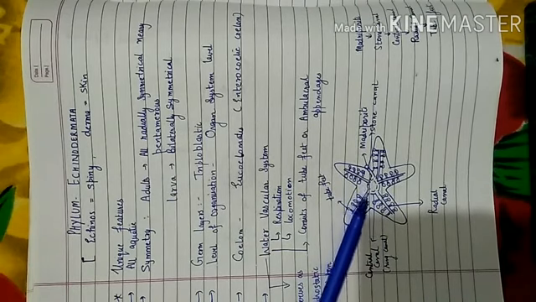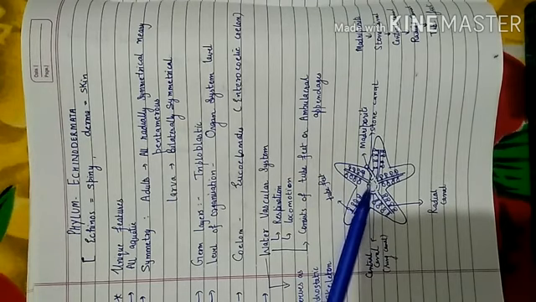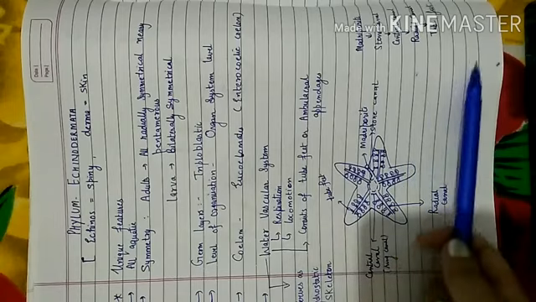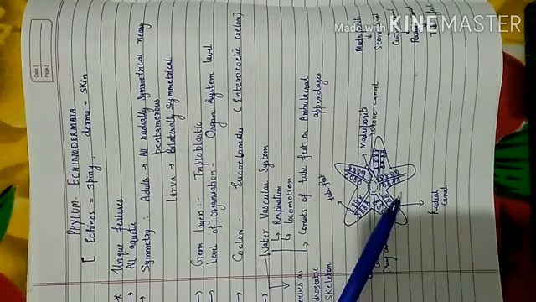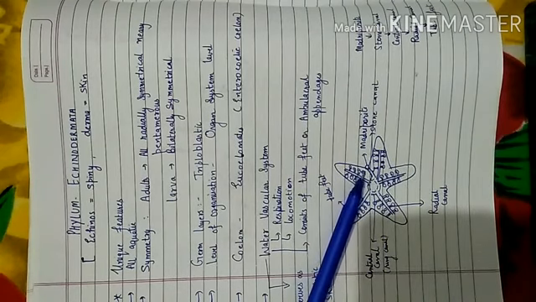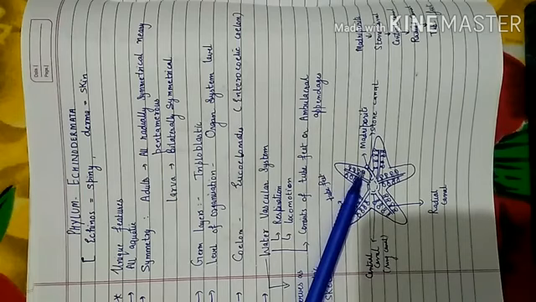This stone canal finally opens into the central ring or central canal. Then from this central ring or central canal, there are radial canals. So again I am repeating, the madreporite is the pore on the body through which the water will enter.